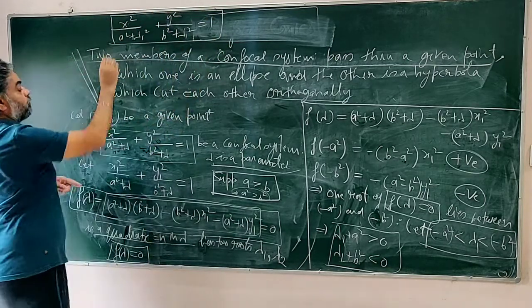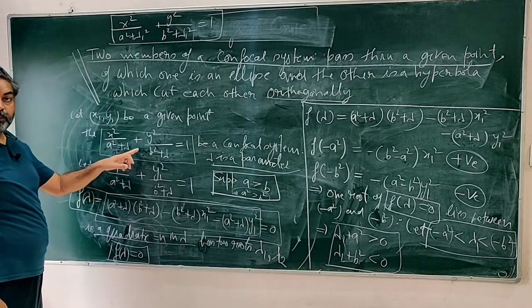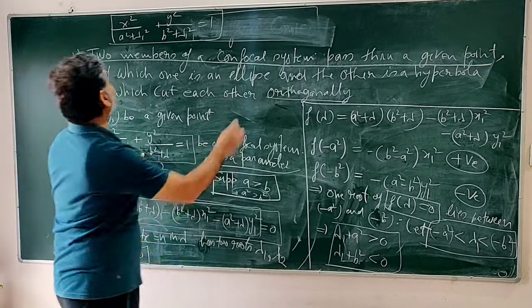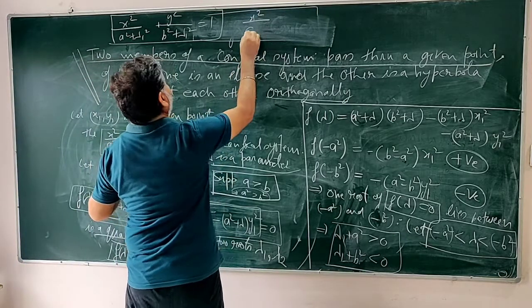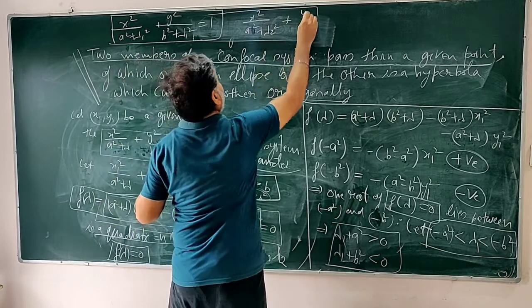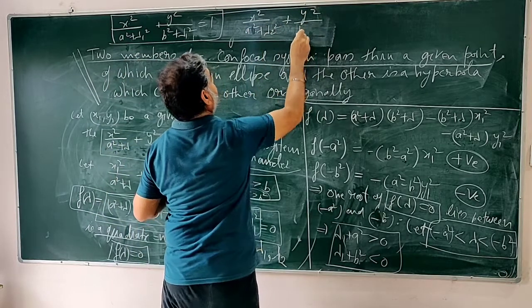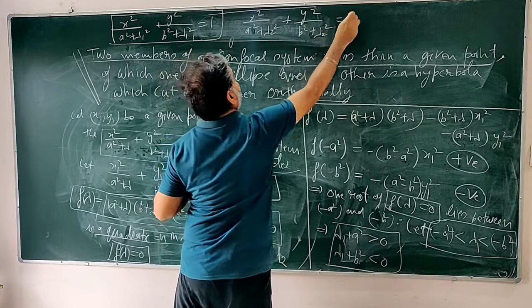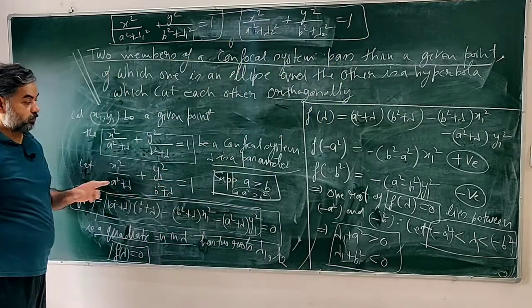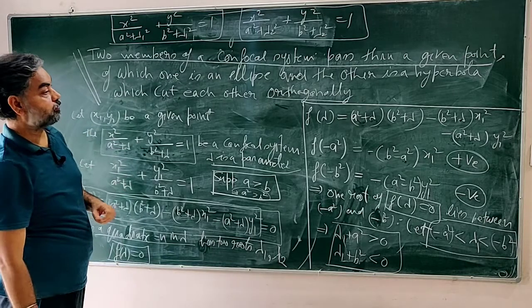This would be one confocal conic, which passes through the point x1 and y1. And putting lambda equal to lambda 2, x square over a square plus lambda 2, plus y square over b square plus lambda 2, equal to 1. This would be the other confocal conic which passes through the point x1 and y1.